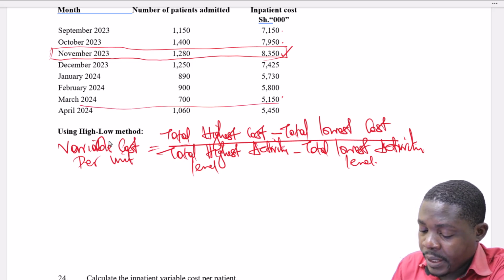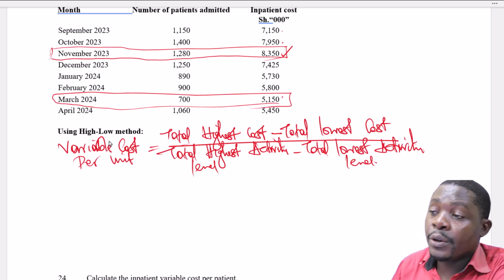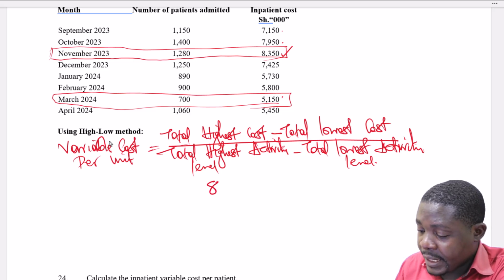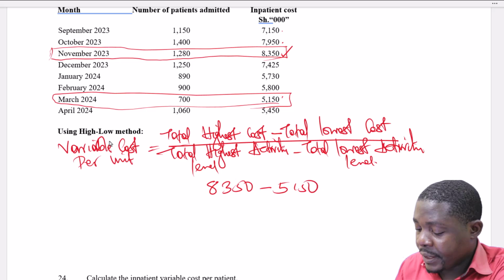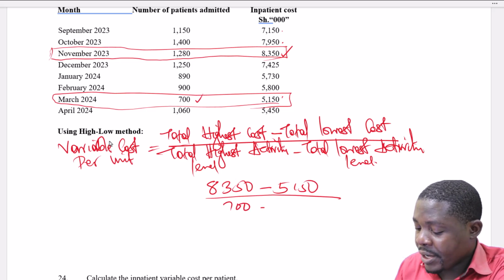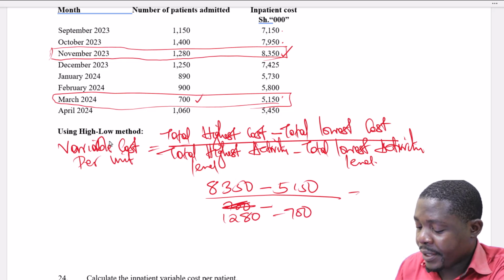Again, we pick that particular column of interest. Now we are just going to take 8,350 minus 5,150, everything over 1,280 minus 700.